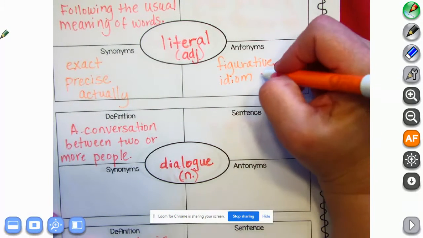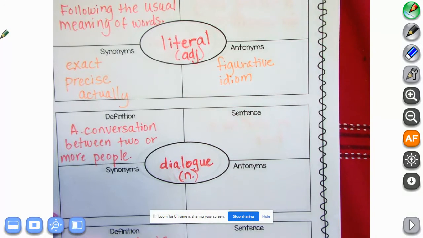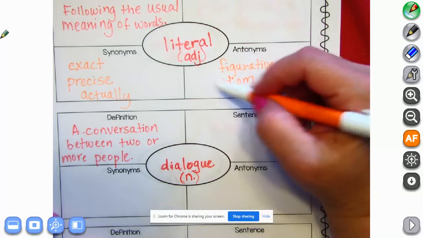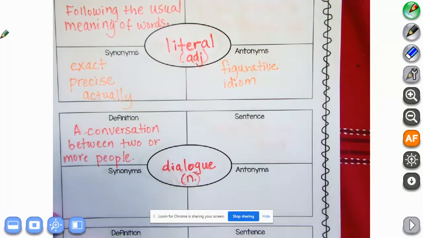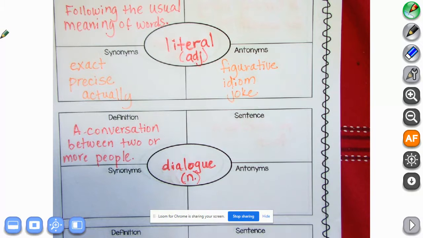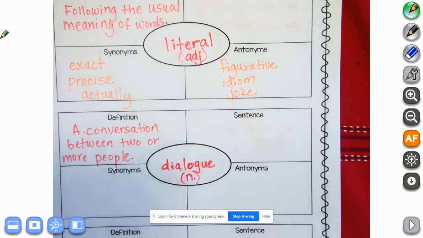So idioms and figurative language can be a lot of fun, but idioms and figurative language do not mean what something actually means. It's the opposite. Might be more in the joke. I could put joke in there. Could be more in the joke realm. All right, if you need to pause, go ahead and push pause right now so that you can get those written down, okay?